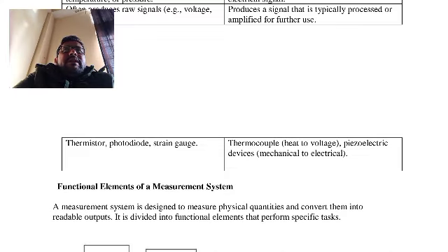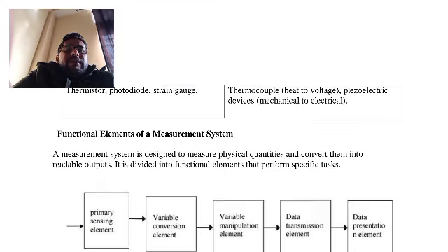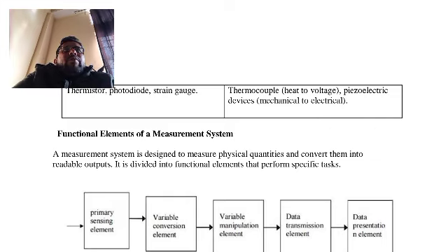A thermistor senses the temperature and converts it into its output, which may be resistance. Second, a photodiode produces electrical current when light is incident on it. A thermocouple senses the temperature and its output will be voltage.